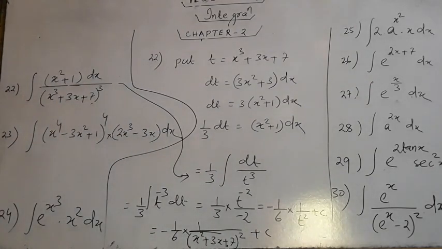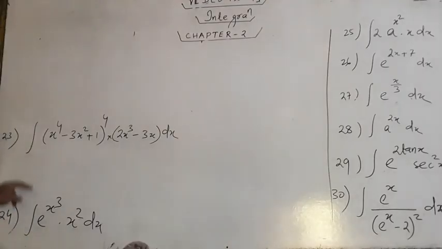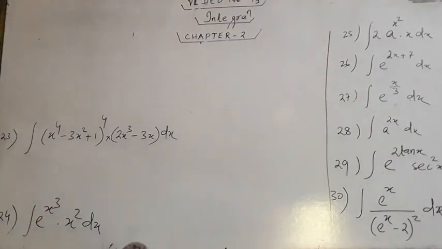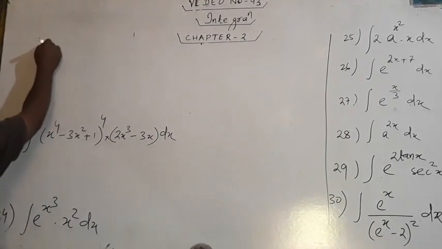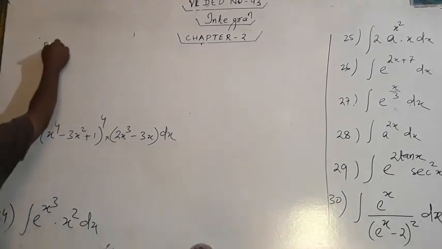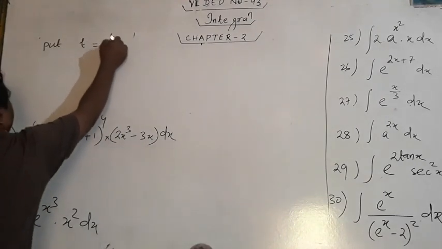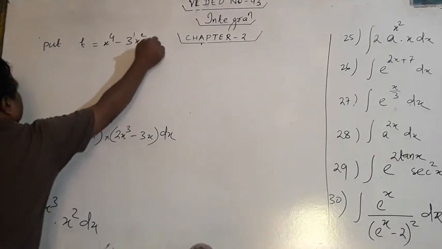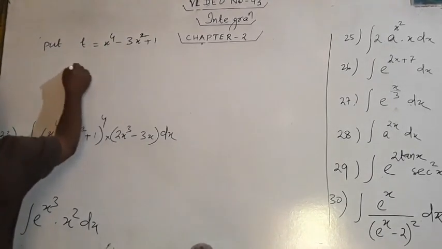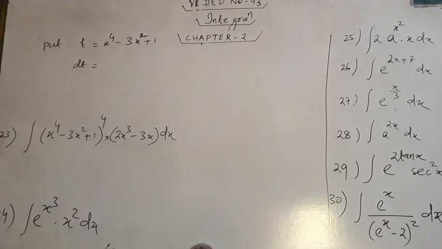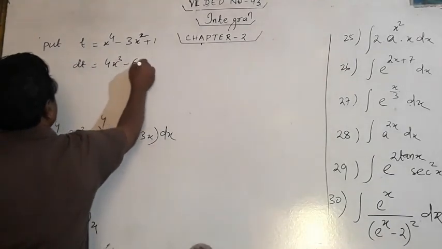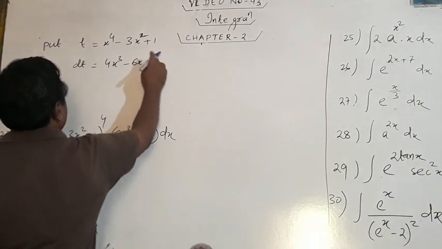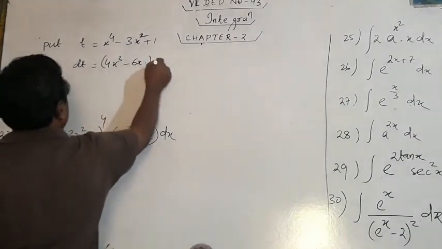Okay, now number 24. Look at the problem. Put t is equal to x fourth minus 3x square plus 1. It becomes dt is equal to (4x cube minus 6x plus its derivative is 0) whole into dx.